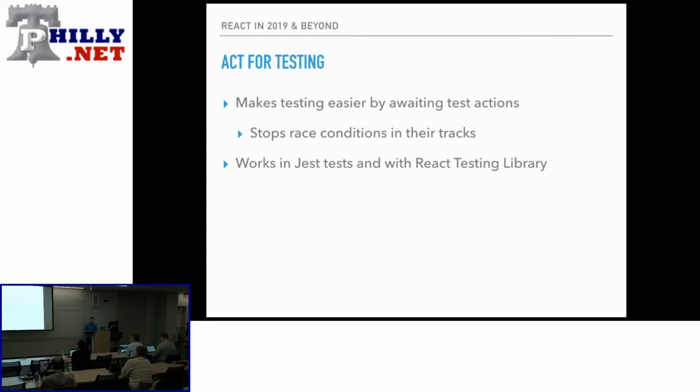Race conditions where sometimes your test passes and sometimes it doesn't are squashed with this act method. This works natively with pretty much any testing tool used for React. Specifically, I use it with Jest and the React Testing Library, which are 2 of those external libraries I talked about earlier that go well with React.